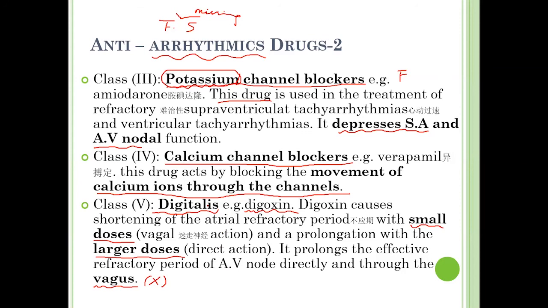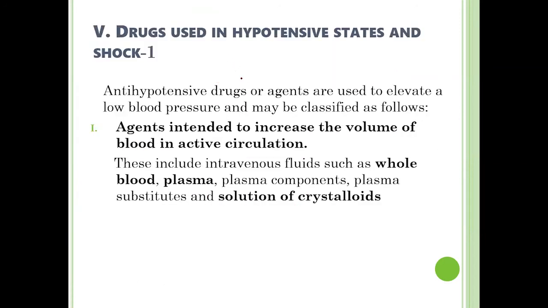Then the last unit, we talk about the drugs to treat hypertension, low blood pressure, and shock. Some problems are like not enough blood circulation to the tissue, and not enough oxygen sent to the tissues or organs. So with medication, we need to increase the volume of blood in circulation.